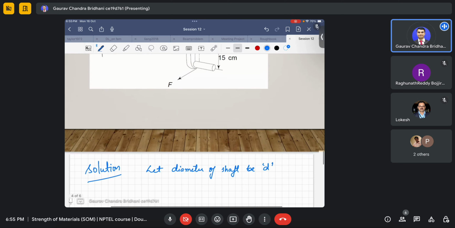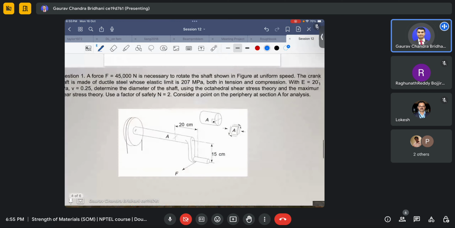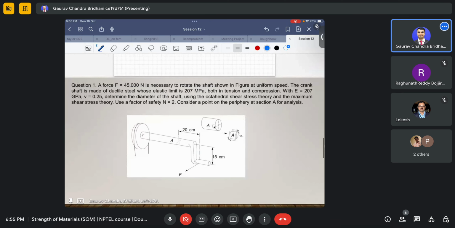So now you see, first of all we need to find how much is the torque acting and how much bending is coming.